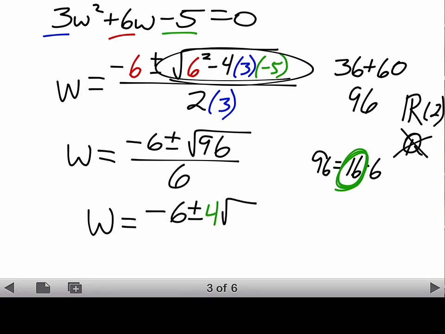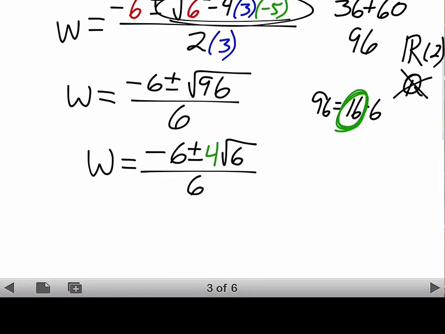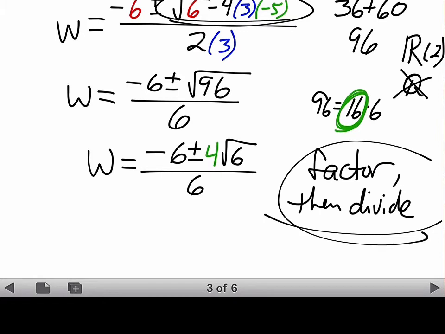So I have negative 6 plus or minus 4 times the square root of 6 all over 6. At this point I want to reduce a fraction, and the way we do that is we factor and then divide. So I'm going to factor out what I see as common, and in this case that's 2.